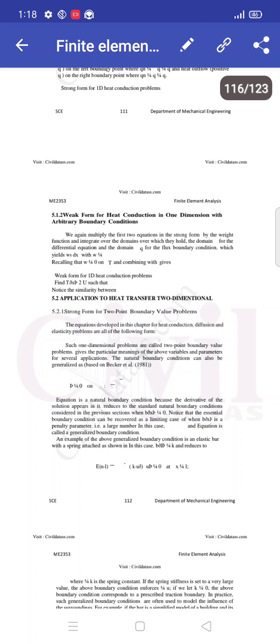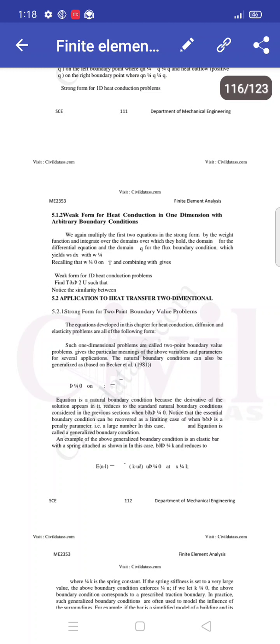Recalling that w is zero on Γ_T and combining, this gives the weak form for one-dimensional heat conduction problems. Find T such that... notice the similarities.